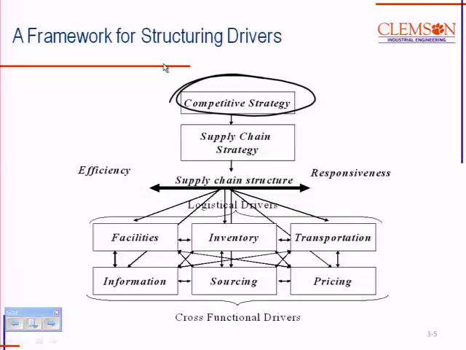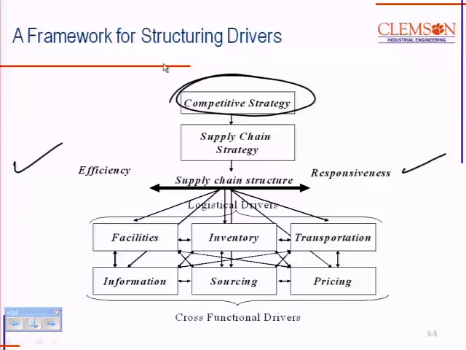Do I need to have high responsiveness, or do I need to have high efficiency? So you can see as we go from one end of the spectrum down to the other for responsiveness and efficiency, that we need to understand where we stand in that structure.